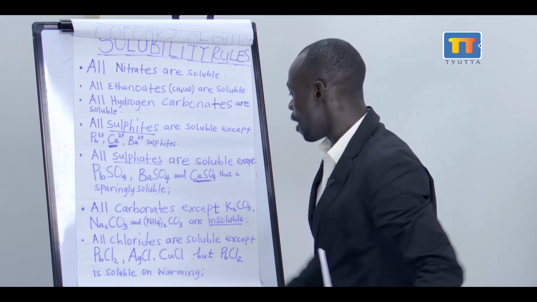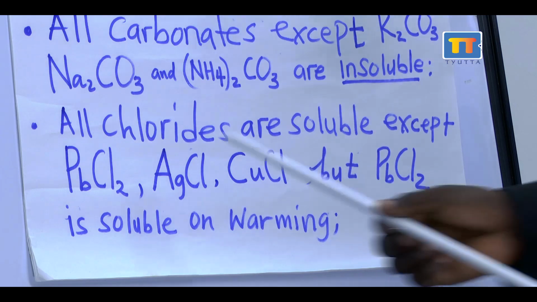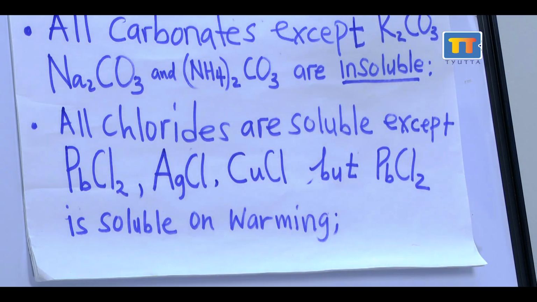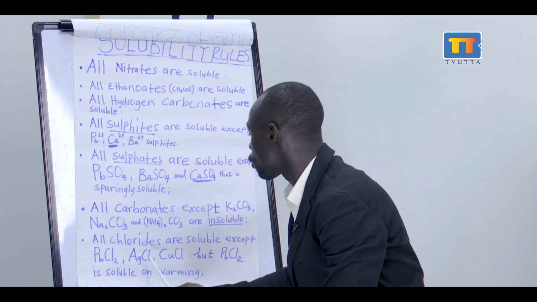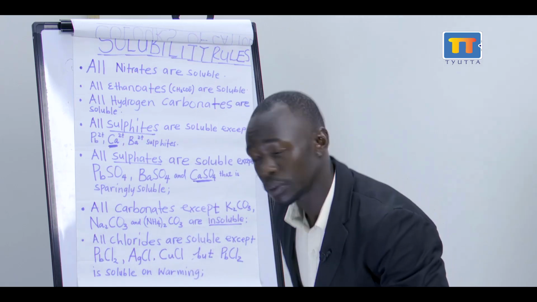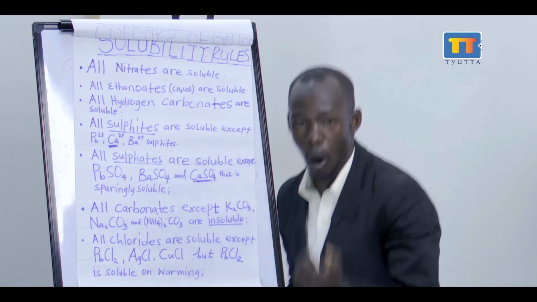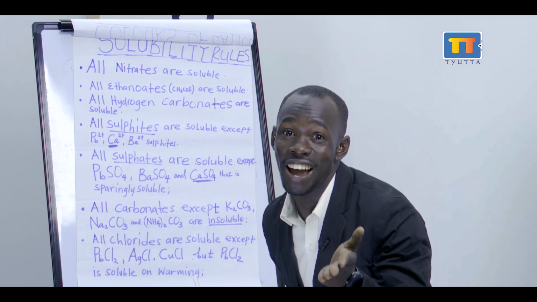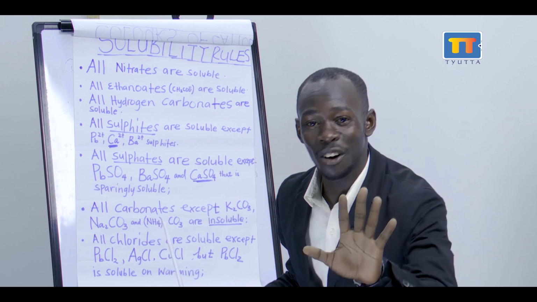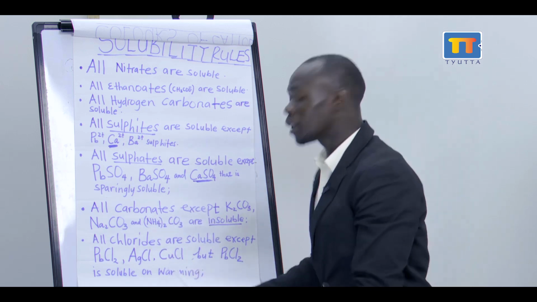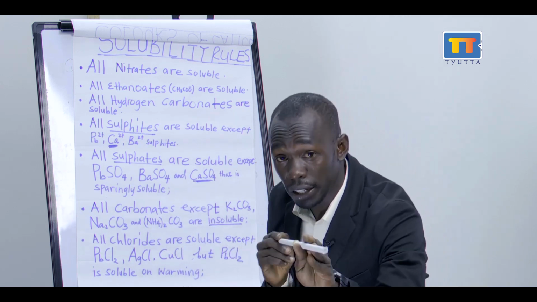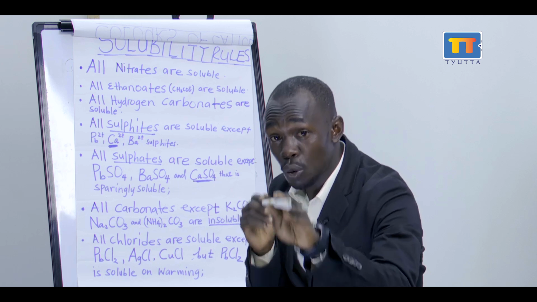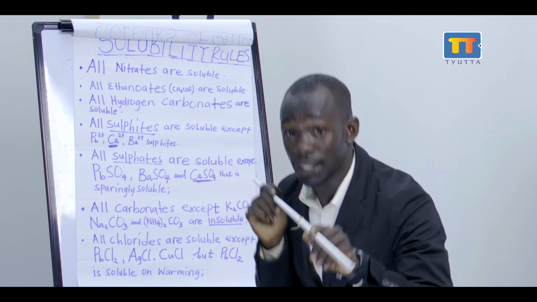Very nice. Now, we have got one of them which we call lead 2 chloride. We have got another one called silver chloride. We have got another one called copper 1 chloride. This time round, not copper 2 chloride, my friend. Now, copper 1 chloride is one of the chlorides which cannot dissolve.